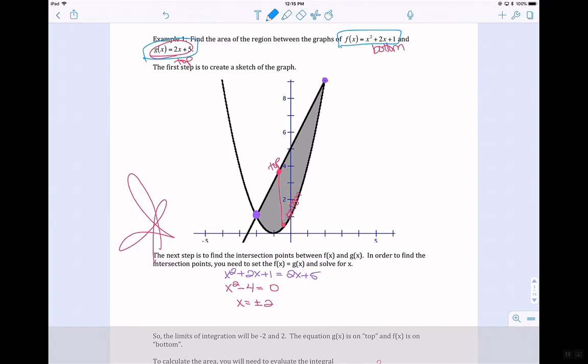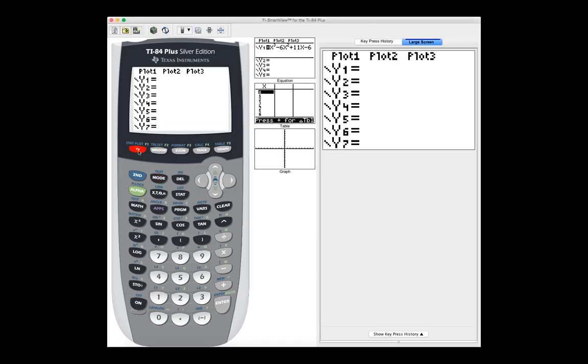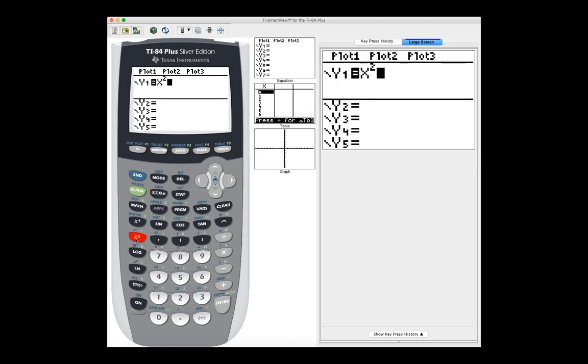And then I'm going to show you how to find the definite integral. Okay, so now I have the graphing calculator shown here. The first thing I'm going to do is plug in my y equals, which is variable x squared, plus 2x, plus 1.